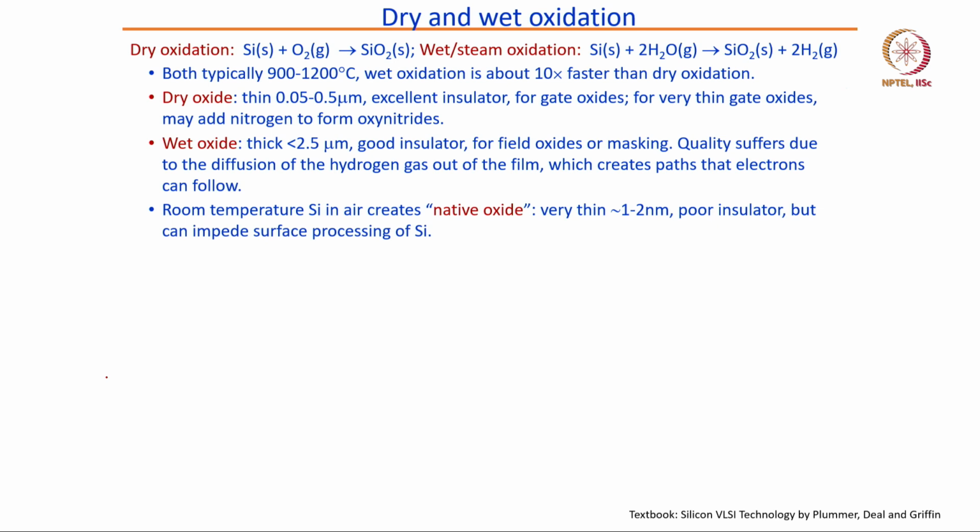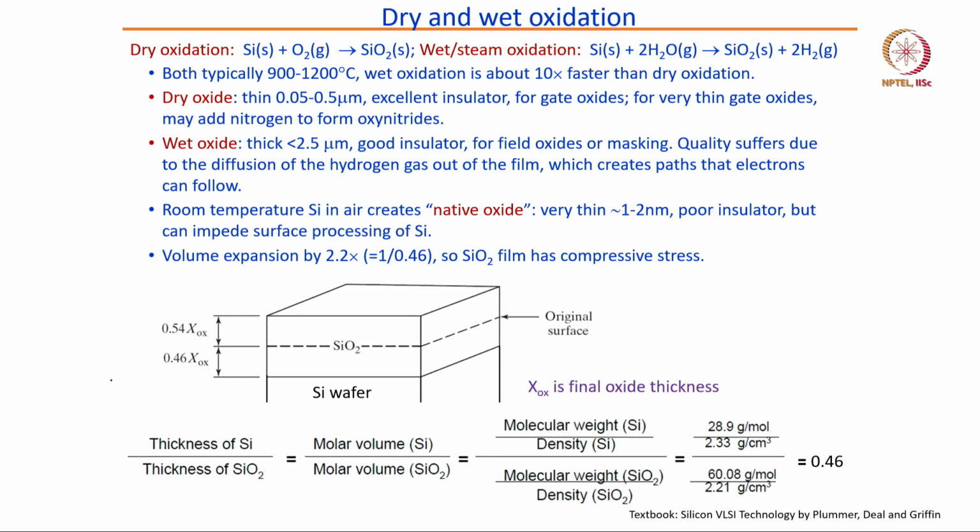The room temperature silicon in air creates native oxide, as I told you, very thin, poor insulator, but can impede surface process of silicon. The volume expansion can be given by the equation, as you can see on this particular slide, and if you want to understand the thickness of silicon by the thickness of silicon dioxide, you can use this equation. It will come somewhere around 0.46.